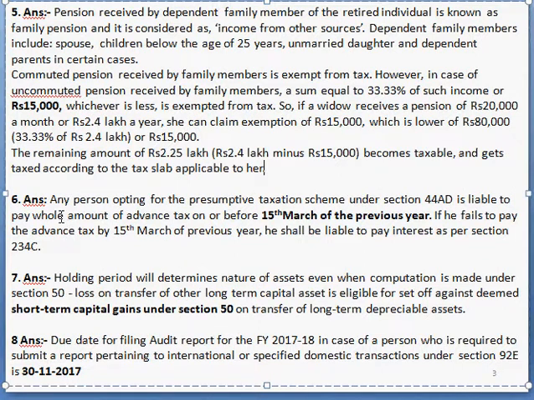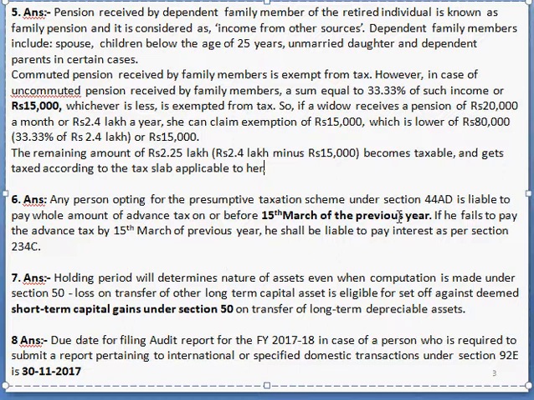Let's discuss the explanation. Any person opting for the presumptive taxation scheme under 44AD is liable to pay the whole amount of advance tax on or before 15th March of the previous year. If he fails to pay the advance tax by 15th March of the previous year, he shall be liable to pay interest as per section 234C.